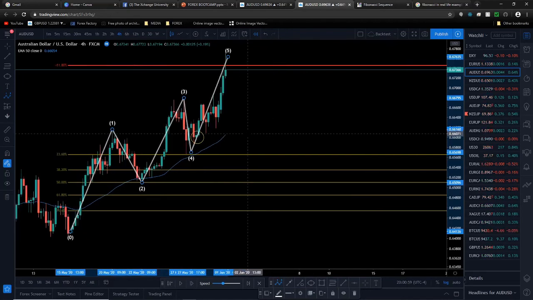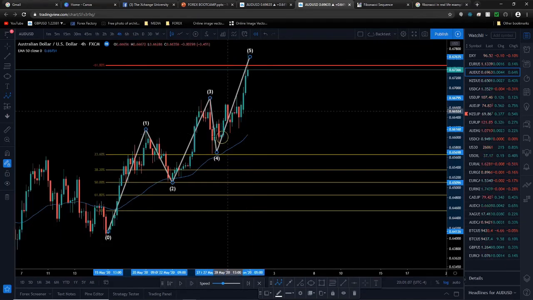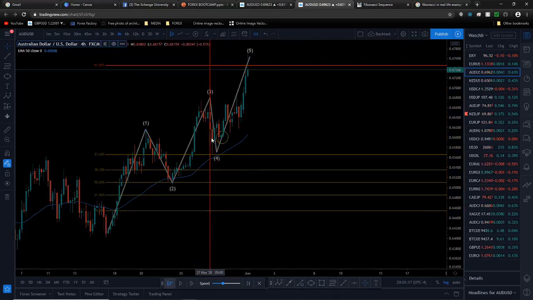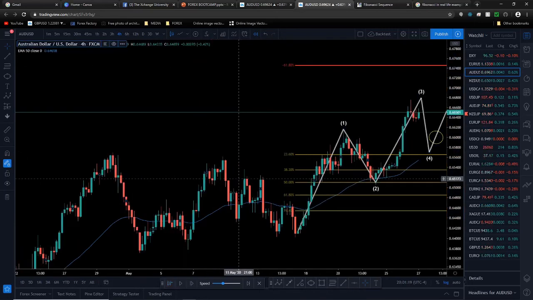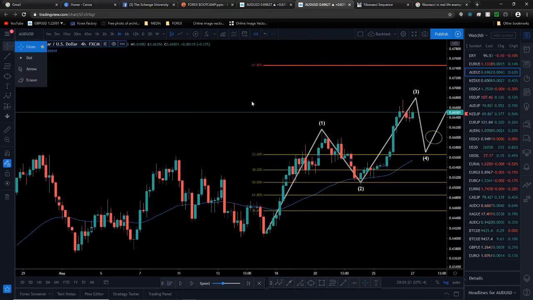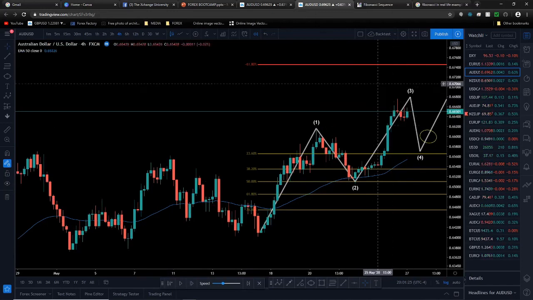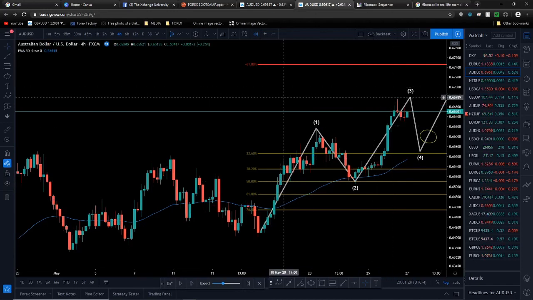I'll have a more advanced breakdown for Fib and Elliott wave confluence, because if you were looking at this from here, all right. So let's say you saw this, you saw the push up, you saw the retracement, and then you saw another push up.